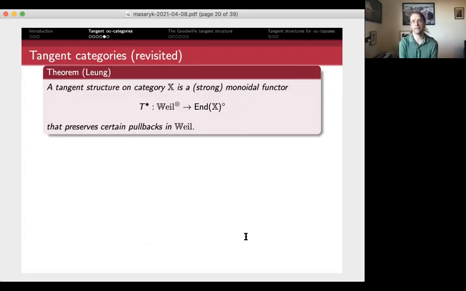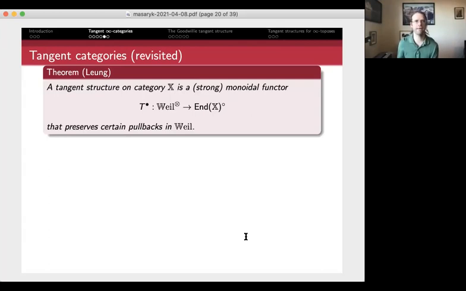A tangent structure on a category X can be recovered from, or can be identified with, a monoidal functor from this category of Weil algebras to the category of endofunctors on X. And there is a condition, and that's that certain pullbacks in the category Weil are preserved. In particular, there is a condition there that implies the vertical lift axiom. That axiom I mentioned earlier says that a certain diagram must be a pullback. So that's captured by one of these pullbacks that has to be preserved.